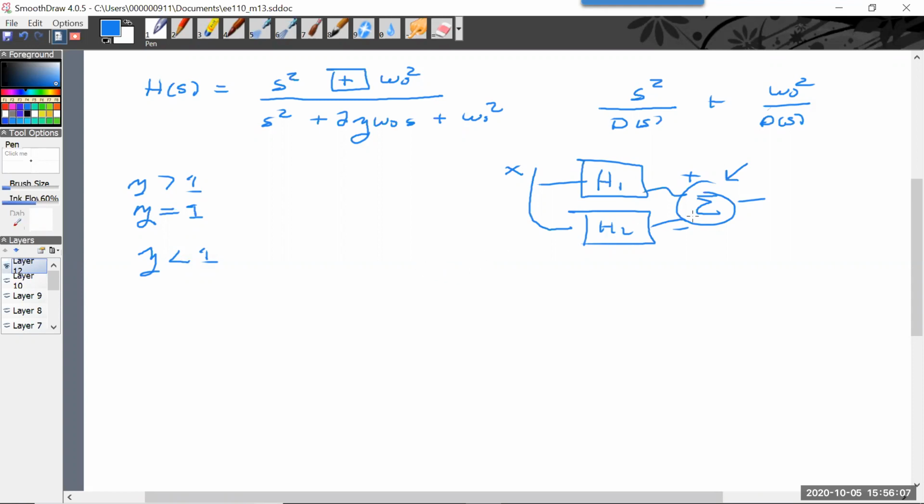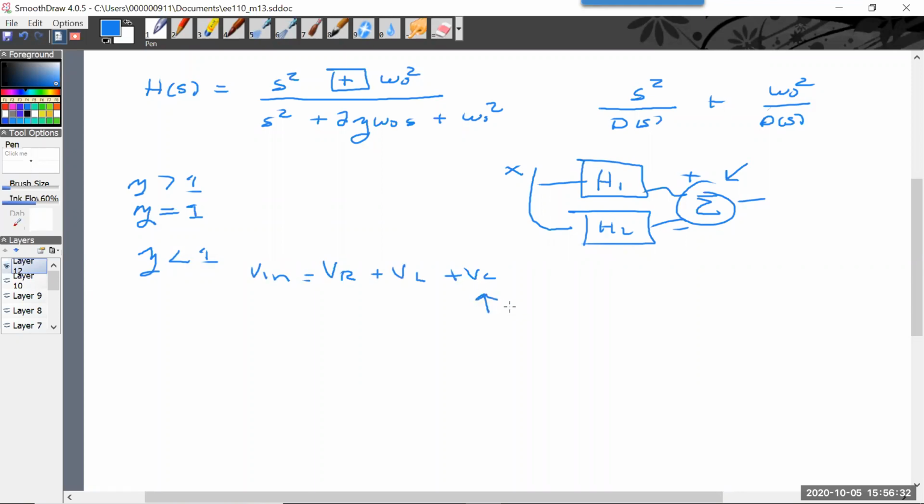Now, the thing is, it's an RLC circuit and an op amp. Well, if you recall, we had VR plus VL plus VC equaling VN.